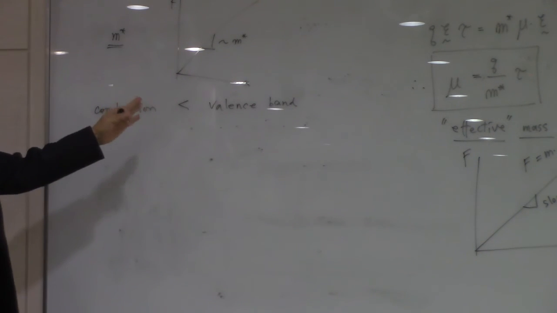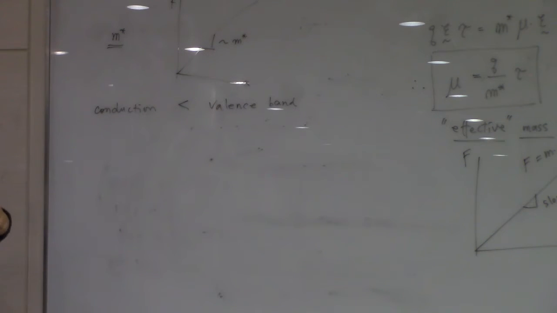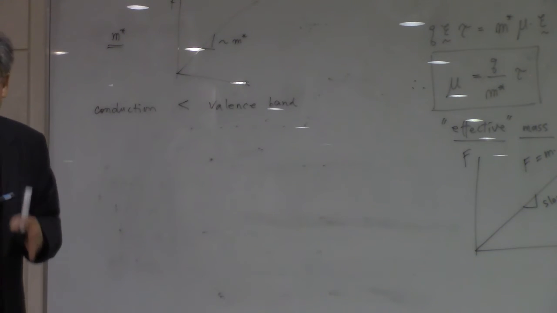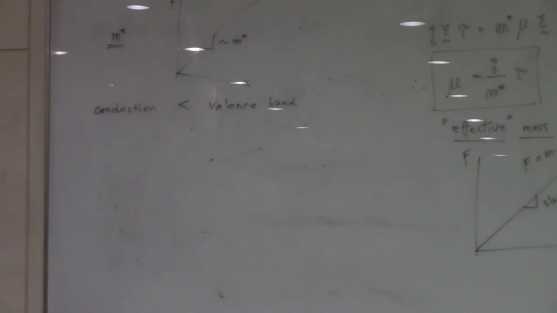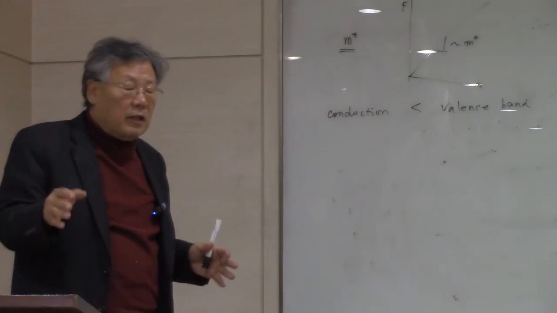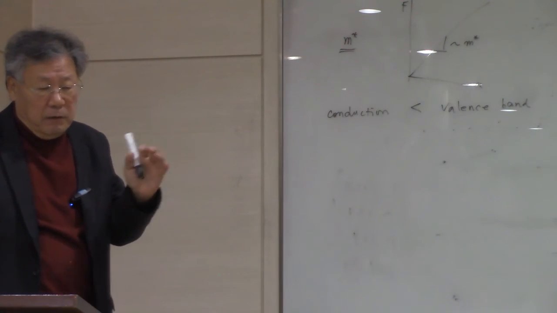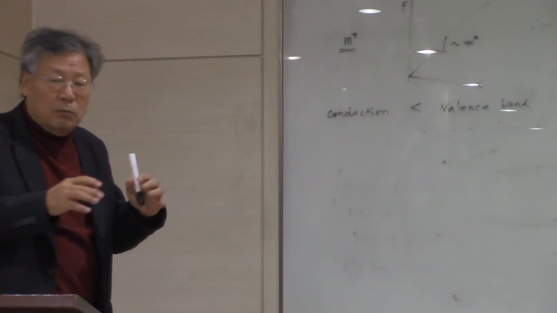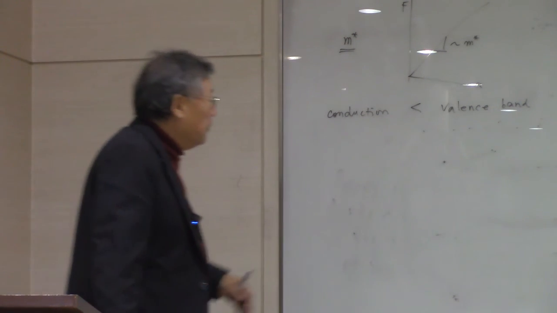Because the valence band is filled, so it's just like a parking lot. All cars are fully booked, so if you have just one empty spot, then to move that space, you have to move the cars inside this parking lot one by one, right?